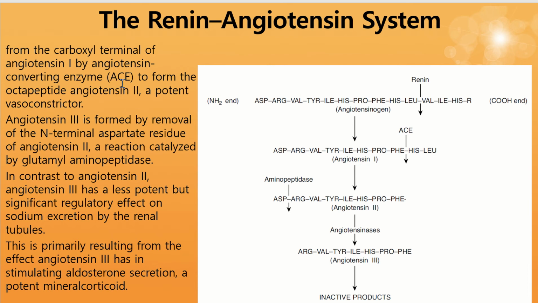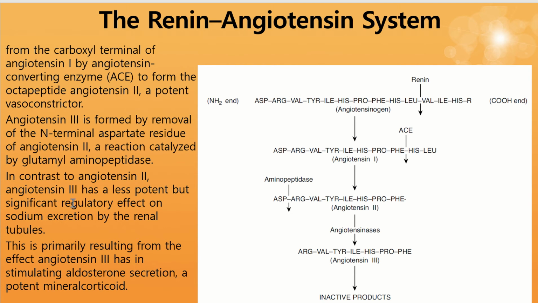So from here henceforth, every time we mention ACE or we see ACE, we're referring to angiotensin converting enzyme, to form the octa, which is 8 peptide angiotensin 2, a potent vasoconstrictor. And angiotensin 3 is formed by removal of the N-terminal aspartate residue of angiotensin 2, a reaction that is catalyzed by glutamyl aminopeptidase.